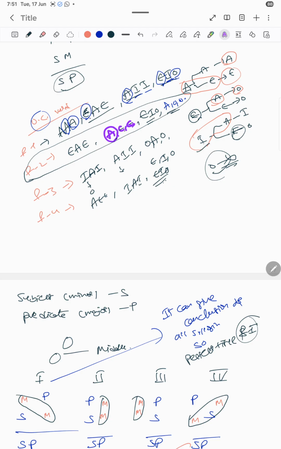AEE is not repeating, meaning the first and last are not the same. That's what I meant. And EIO is not repeating. And then IAI. So EIO is also here.